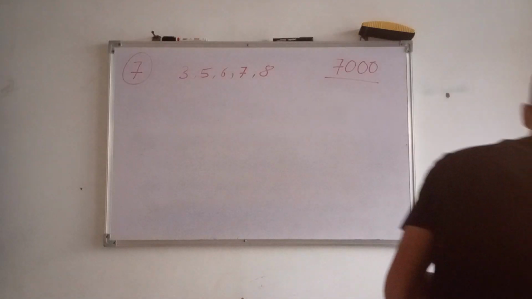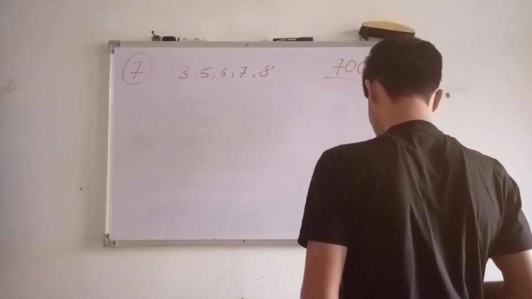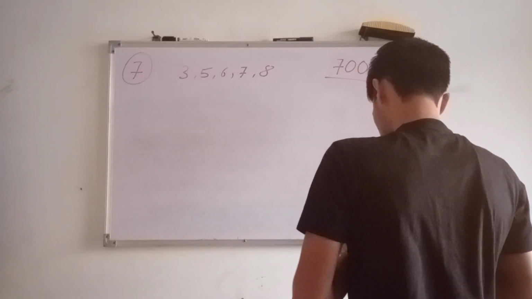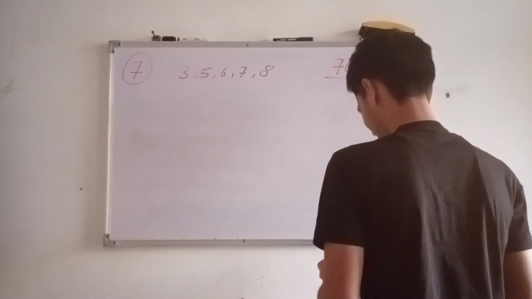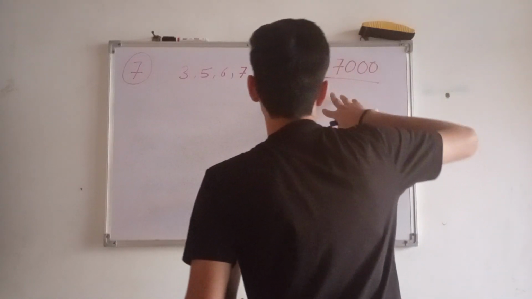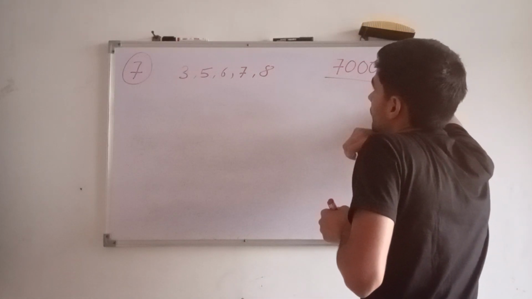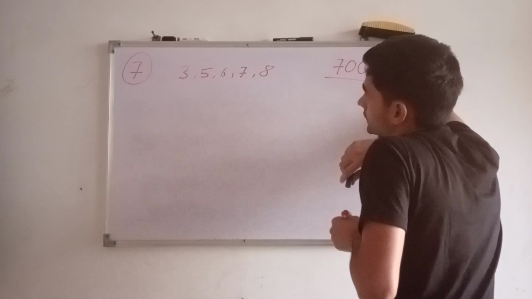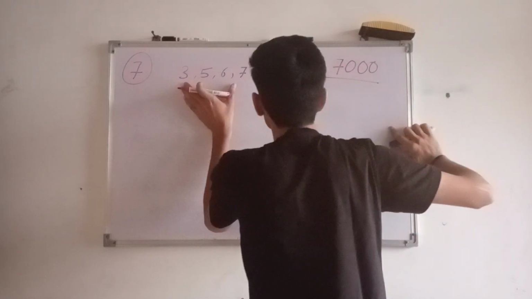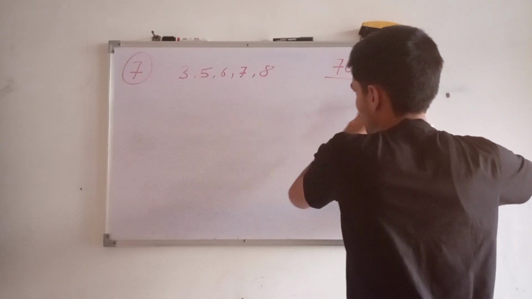Now let us see this question. This is a permutation and combinations question, nCr, nPr. Here the first number is 7, other terms are 0.